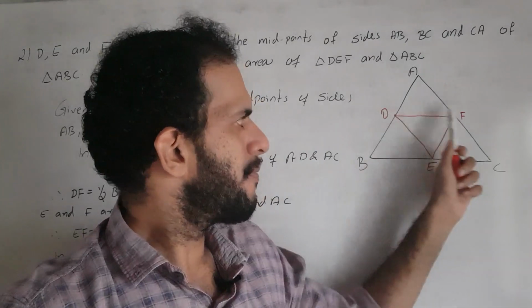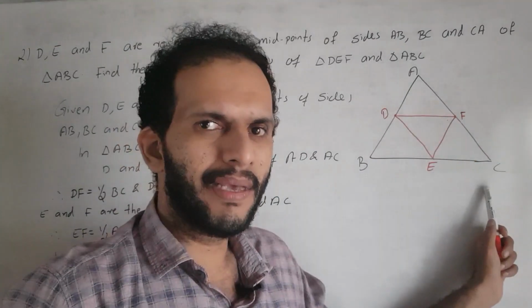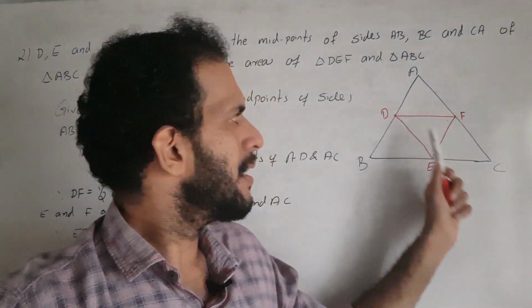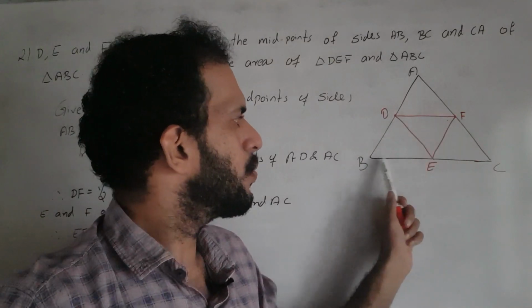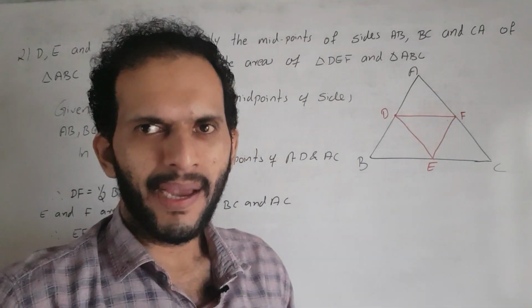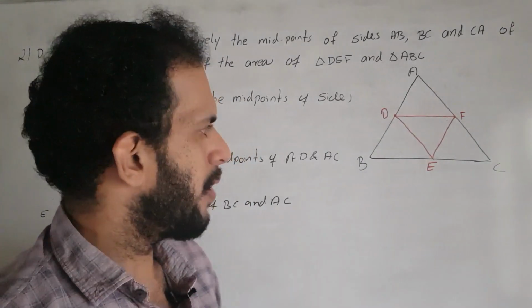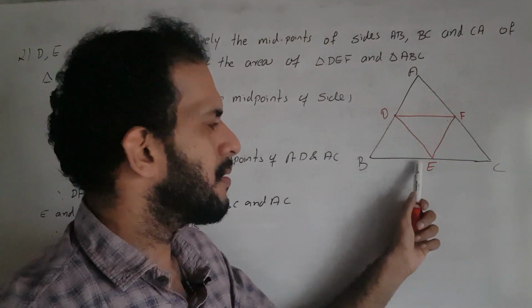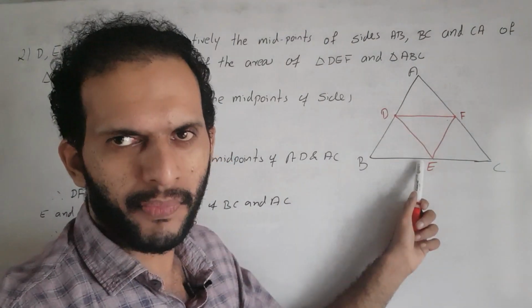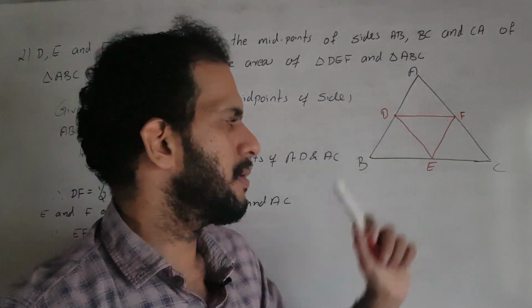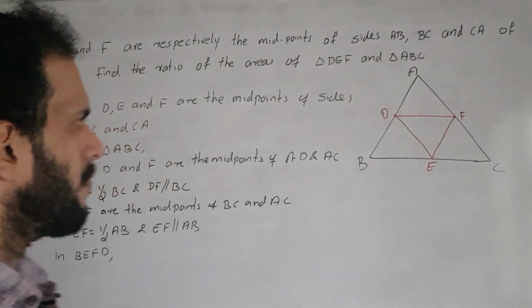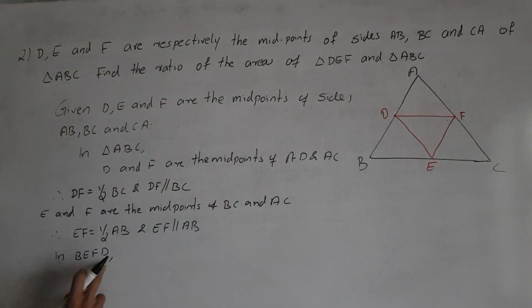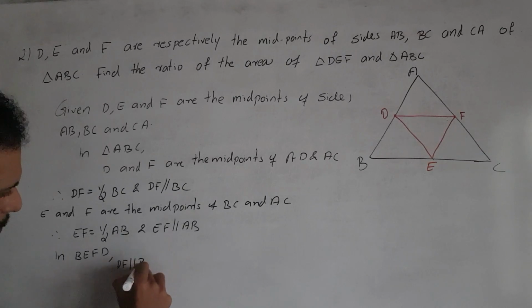Why? Because BE is part of BC. Correct? So what we get in BEFD is DF parallel to BE.